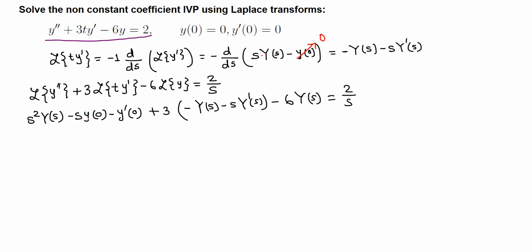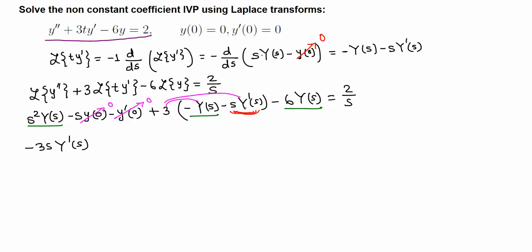Now y0 is 0, so that whole term is 0, and y prime 0 is also 0, and we need to distribute the 3 here. Once we distribute 3, we get negative 3Y and negative 3s Y prime(s).